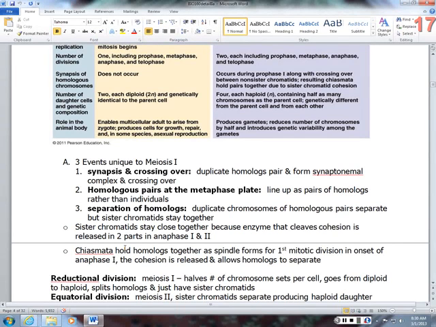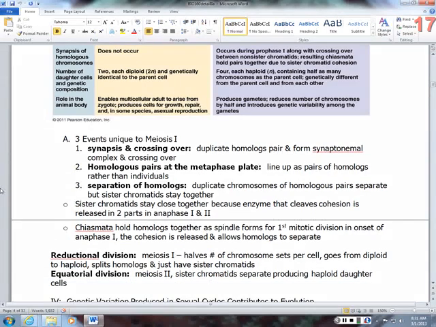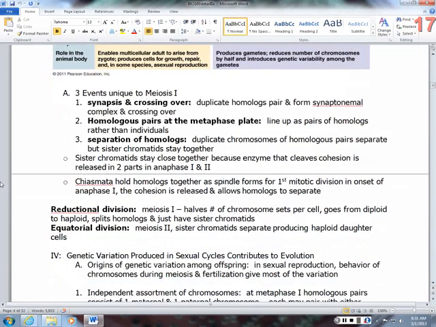So they're held together because they don't have the enzyme to break them apart until that point. And so a structure called the chiasmata is going to hold those homologs together as the spindle starts to form for the first meiotic division, and then when the cohesin is released, it allows the homologs to separate. So it's just waiting for that enzyme to come along to separate them.